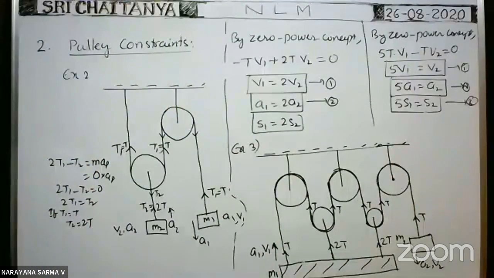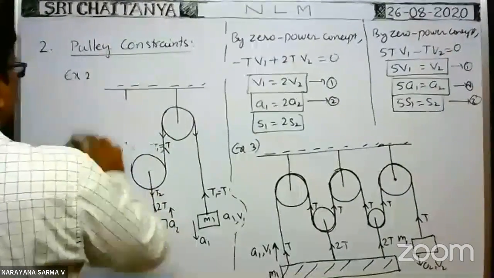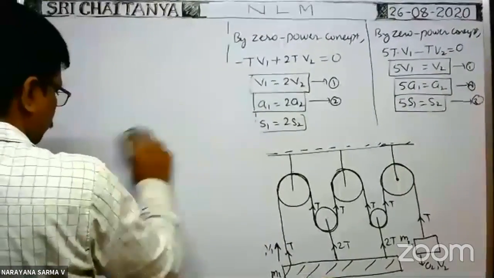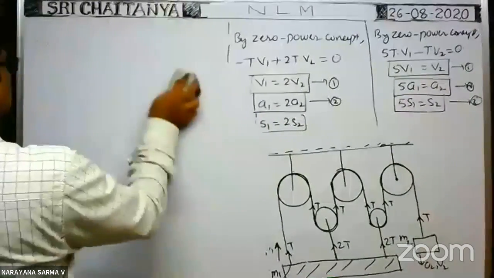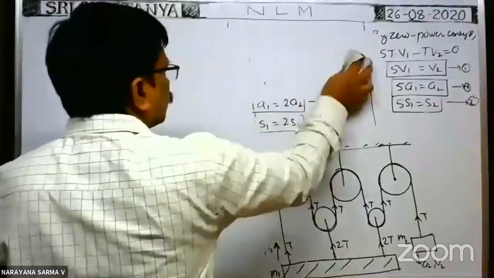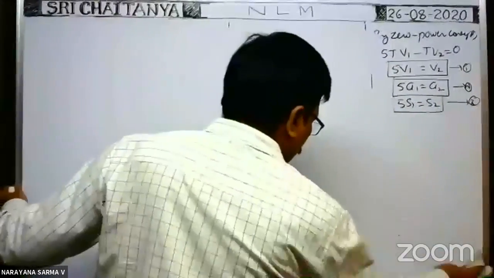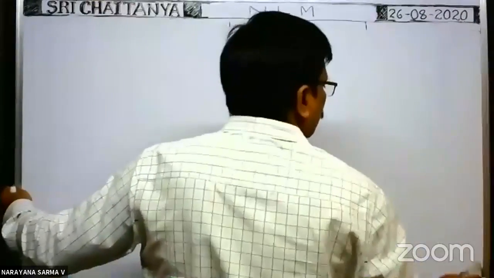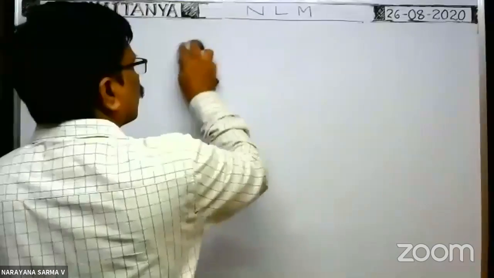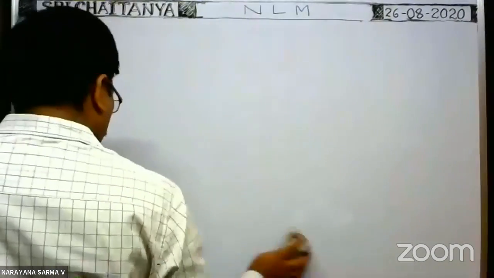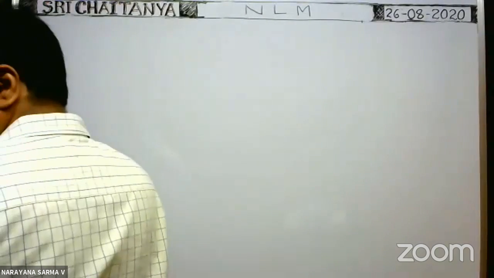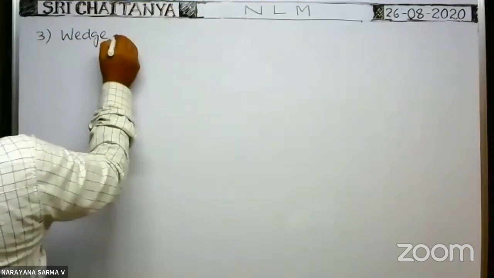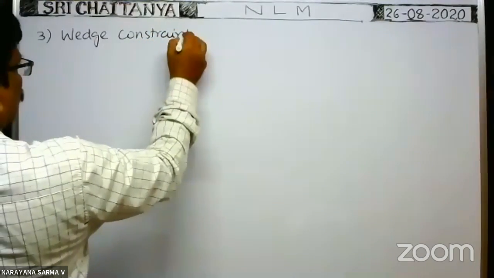In constraints, last model, wedge constraint, third one. Third one, wedge constraint.